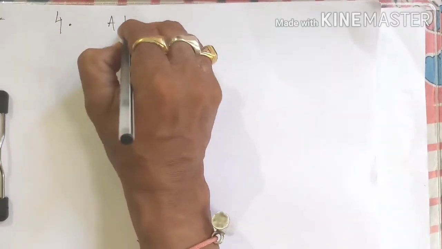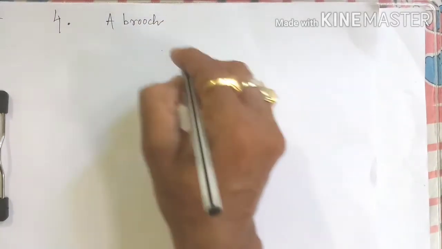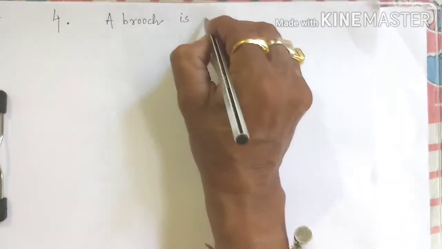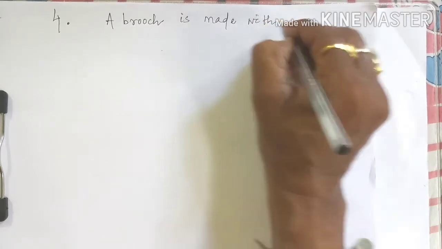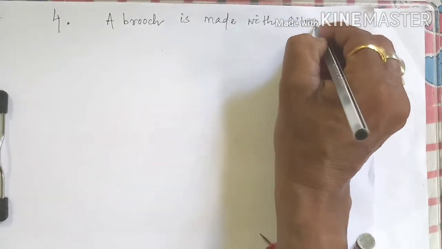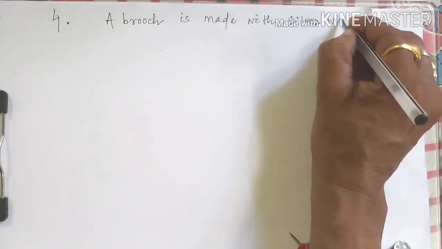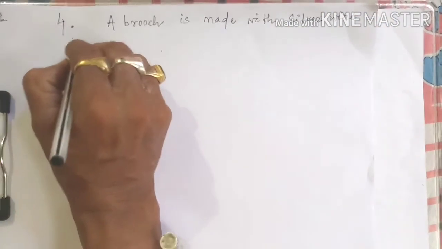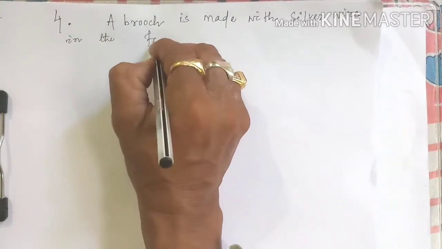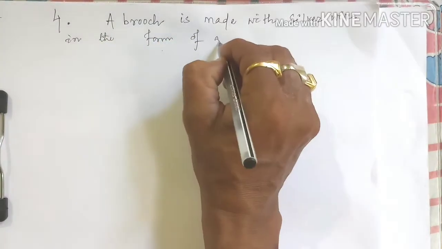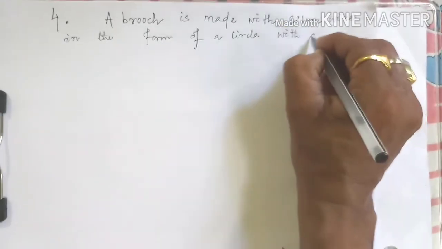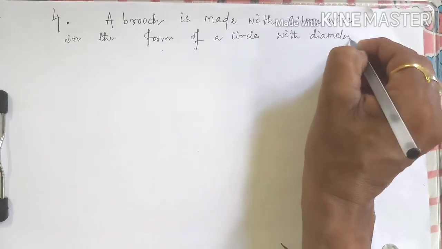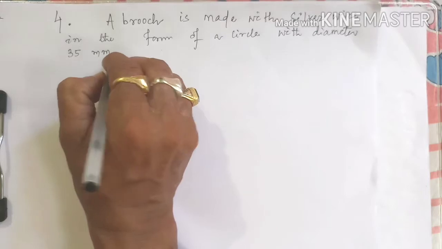A brooch is made with silver wire in the form of a circle with diameter 35 millimeter.